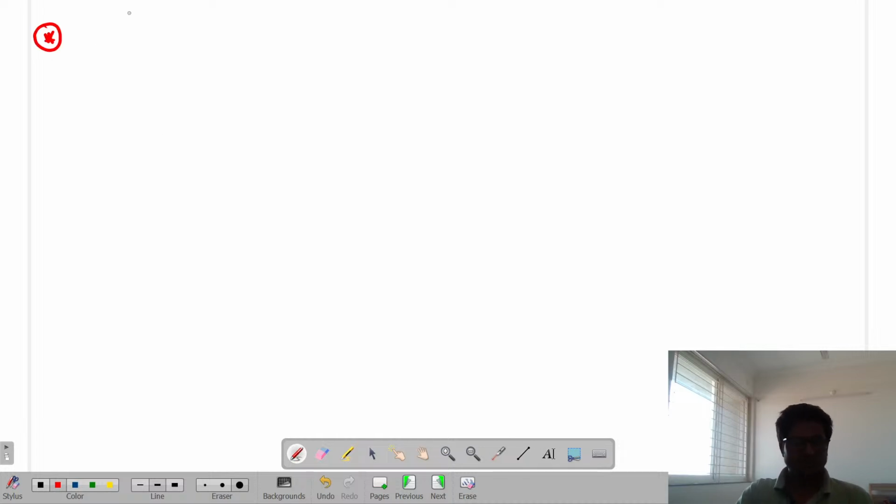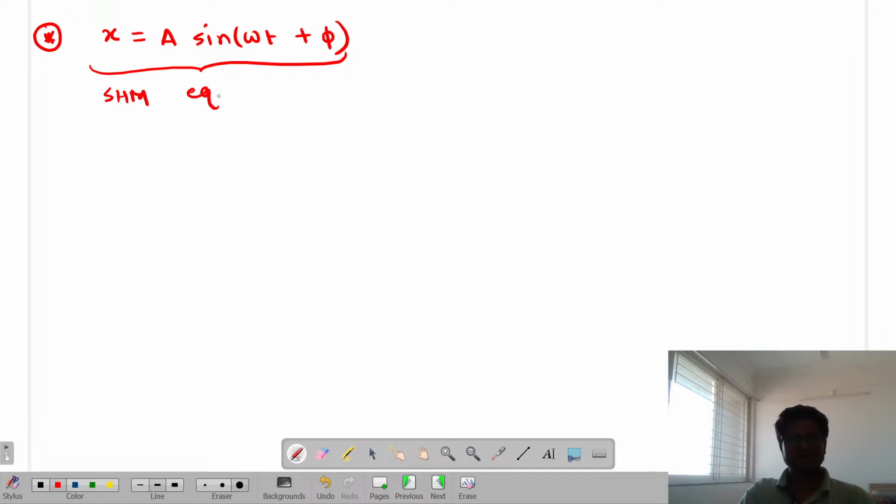So first thing, as we know, any SHM equation is written as x is equal to a sine omega t plus phi. This is my simple SHM equation for any particle which is performing SHM. Let's suppose this is my body which is performing SHM.